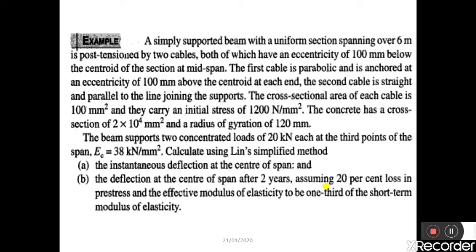The cross-sectional area of each cable is 100 mm square and they carry an initial stress of 1200 Newton per mm square. The concrete has a cross-section of 2 into 10 to the power 4 mm square and a radius of gyration of 120 mm. The beam supports two concentrated loads of 20 kN each at the third point of a span. EC, Young's modulus of concrete, is 38 kN per mm square.